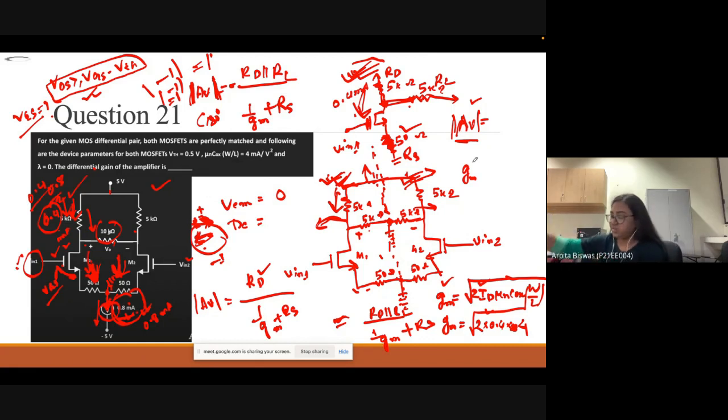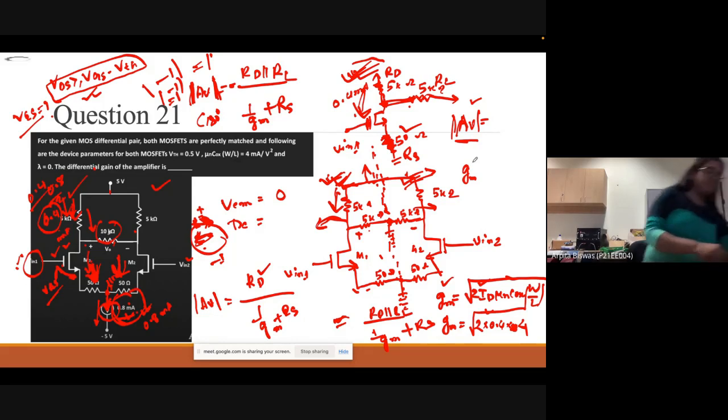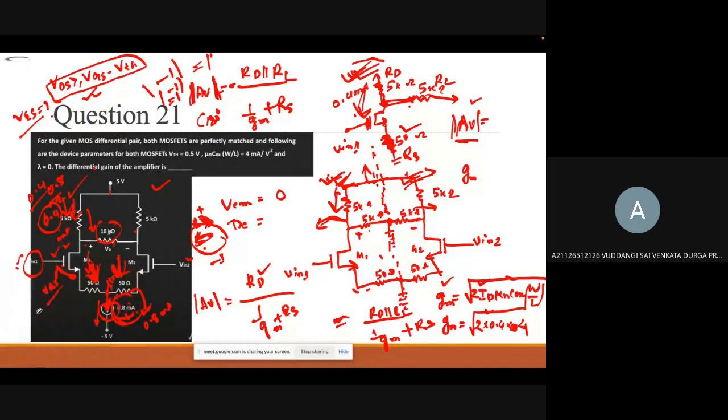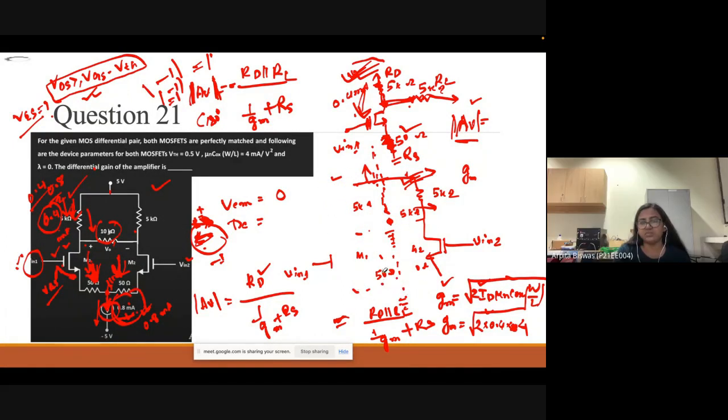What is the value of Gm? 1.7. And then calculate the value of 1 by Gm.